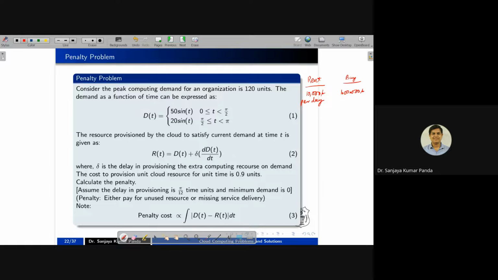So which solution will you choose, renting a car or buying a car? Which solution is economical?